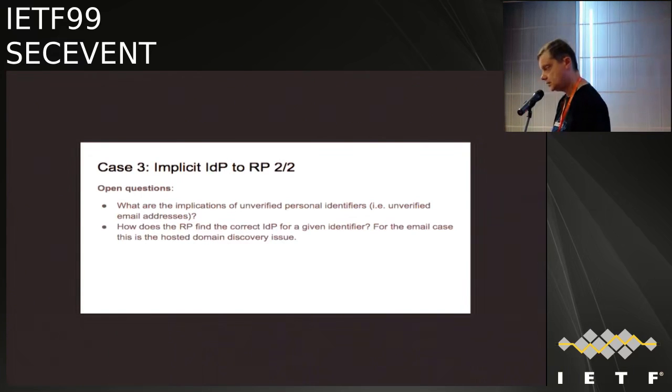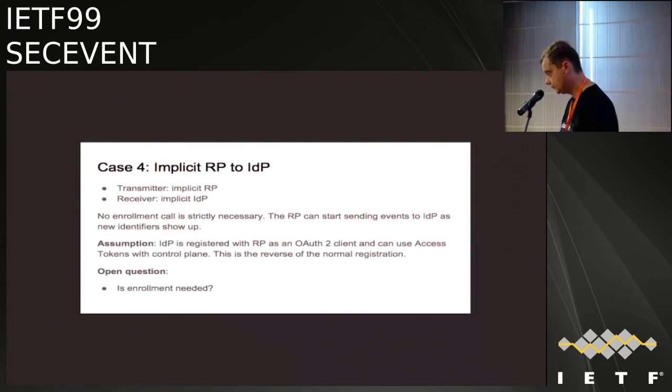In some cases it might be easy to map email addresses to who the provider is, but in other cases it's not easy. So these are problems to be solved for this use case. Sure, but those are at the risk level as opposed to at the set level. Right.